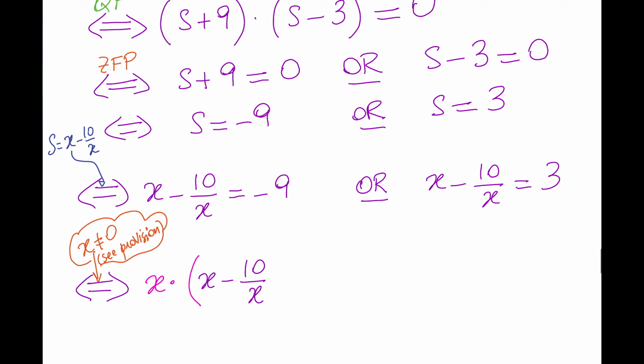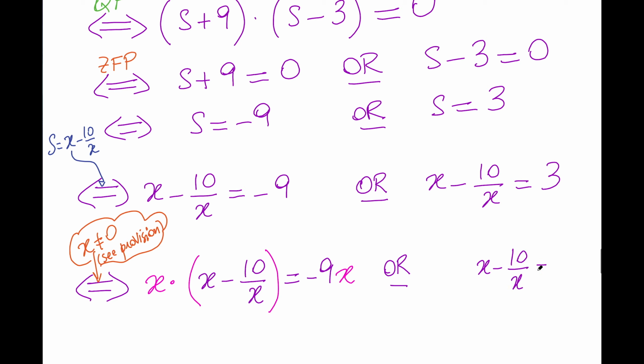Okay, that's this guy, and that's equal to minus 9 times the x that I just talked about, right? I'm multiplying both sides by x. Make sense? We're going to do the same thing over here, so we're going to multiply both sides by x.